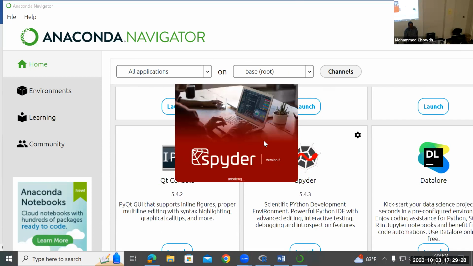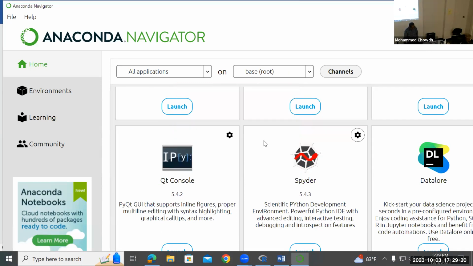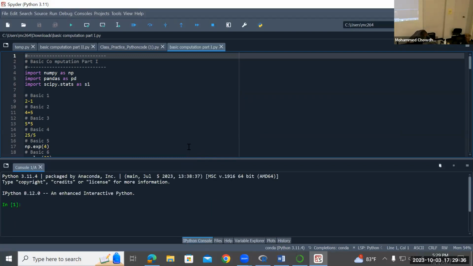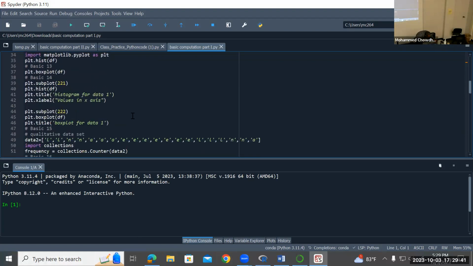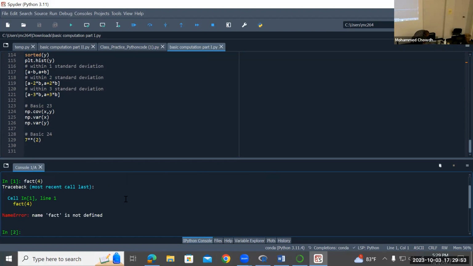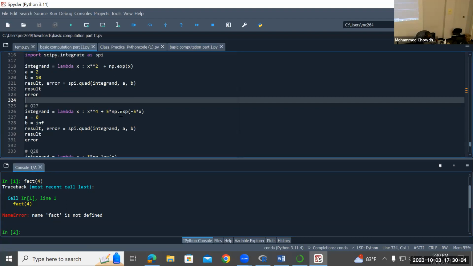You have to take a look at the basic computation part 2.